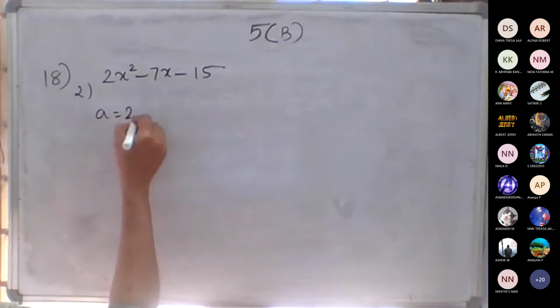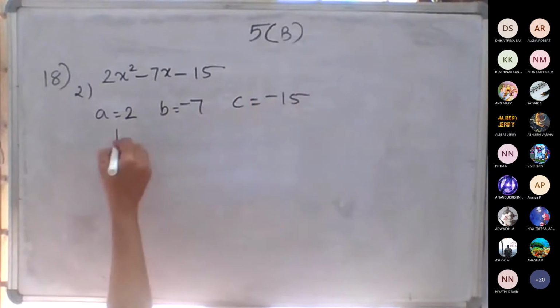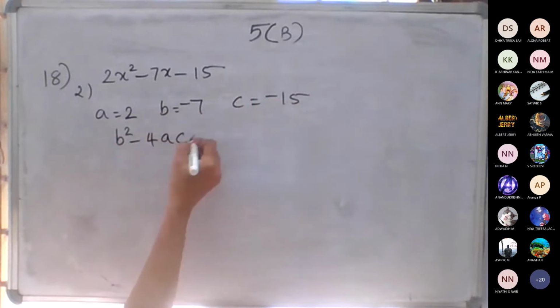Here a is equal to 2, b is equal to negative 7, c is equal to negative 15. So find out b square minus 4ac.